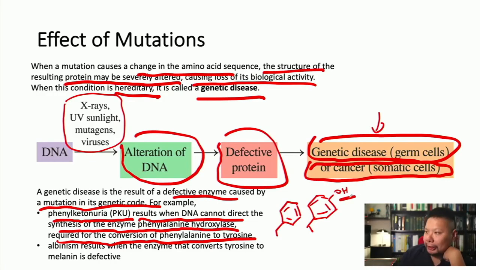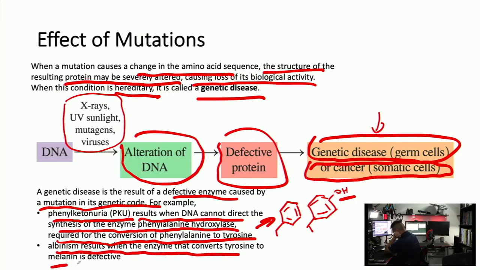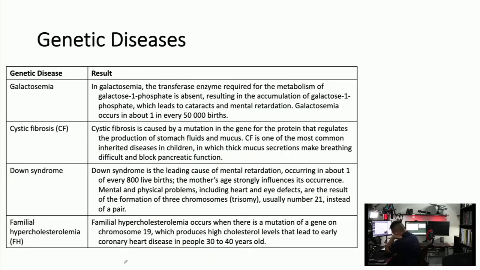Because that OH group there makes tyrosine polar, right? Whereas phenylalanine is nonpolar. Albinism, like albino, albinism results when an enzyme that converts tyrosine to melanin is defective. Oh, that's not good either. Right? Let's keep on trucking.